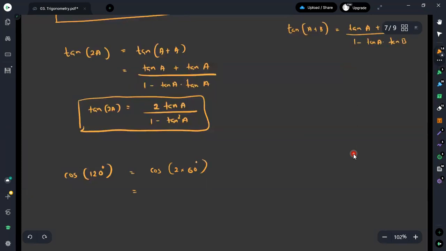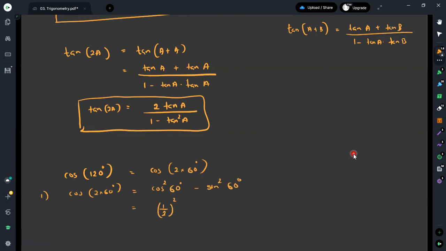Then you can write this using the first method. Using the first technique, we can say cosine 2 times 60 equals cosine squared 60 minus sine squared 60. Cosine 60 is equal to half, and the square term has to be considered.